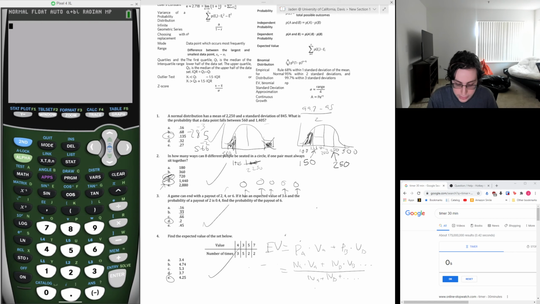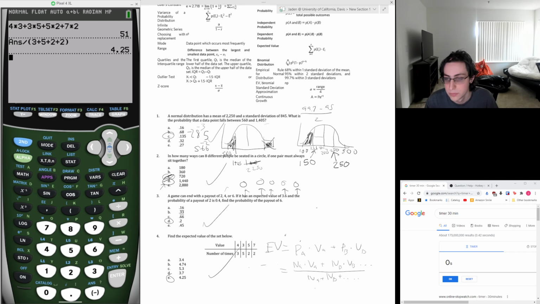So here what we do is 4 times 3 for the first event plus 3 times 5 plus 5 times 2 plus 7 times 2. That gives us 51. Then we divide that by the sum of all the number of times, so 3 plus 5 plus 2 plus 2, and we get 4.25.